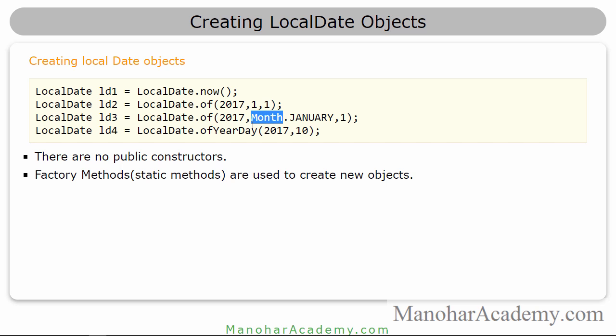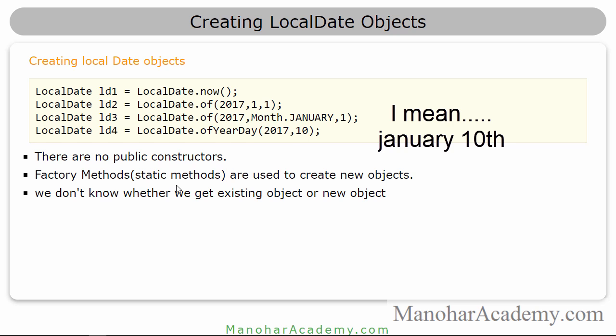I will cover enums after some time, but if you press Month dot, you are going to see all the months available and you can pass one as an argument for creating the object. Or if you know the year, you can give the day number of the year. For example, January 10th will be 10, January 31st will be 31, February 1st will be the 32nd day in the year. So if you give 32 here, it is going to be February 1st. Because I gave 10 here, it is going to be January 10th.